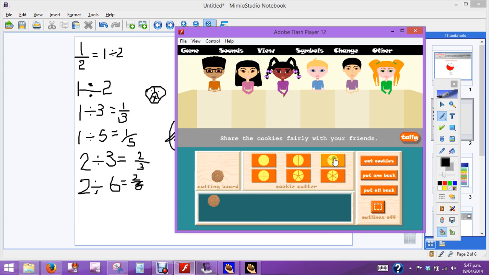I'm thinking that if I used the thirds cutter, so if I divided one cookie evenly up for the first 3 people, they can have a 1/3 each. And then I can do the same with the second cookie, and these guys could also have a 1/3 each.